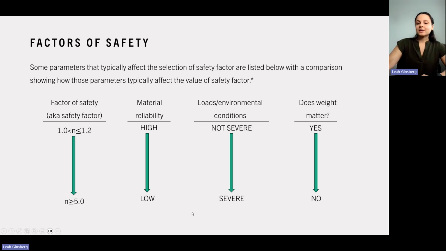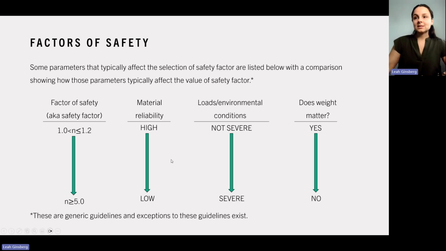If weight does not matter, then typically your factor of safety will be higher, because you can always add more structure, more support to something, which increases the safety by increasing the strength of your structure. And so then it can handle more variability and more uncertainty that you haven't taken time to analyze.